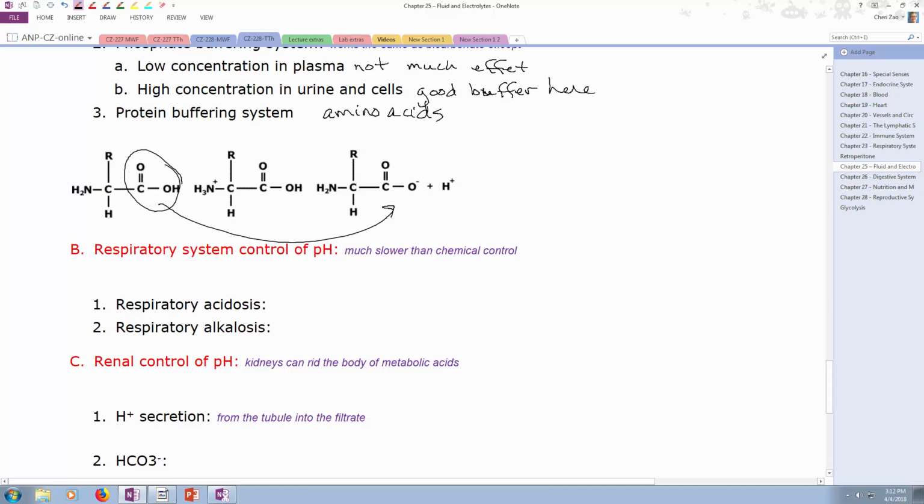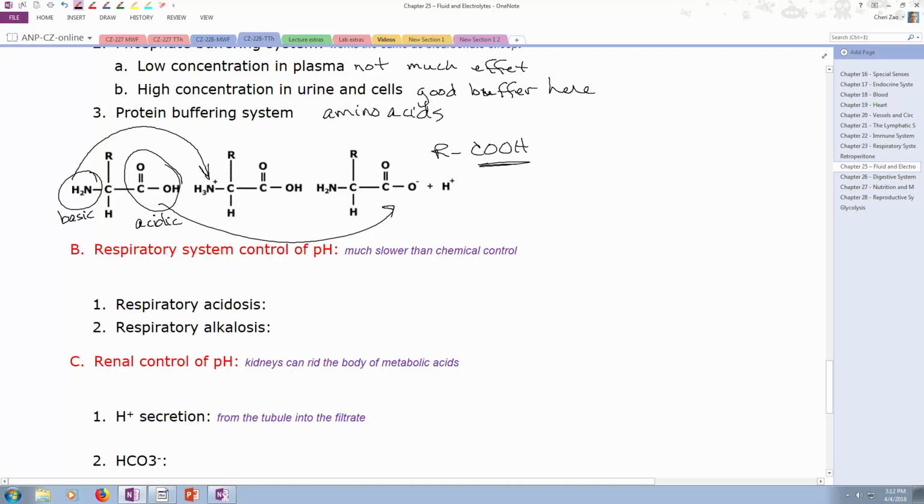And the amine end is our basic, so here's the acidic, here's the basic or alkaline end, and what that means is that it can accept protons, and so that's what the protein buffering system is all about, because we have proteins in our blood. Remember, albumin is one of those proteins.